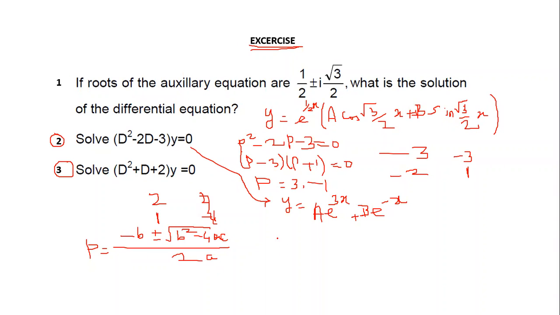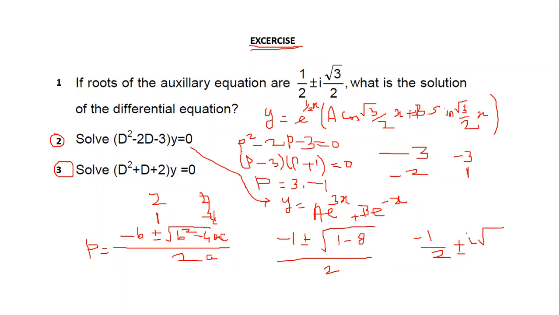Minus 1 plus or minus square root of b square, which is 1 minus 4 into 2 equals 8, divided by 2. So that answer is minus 1 by 2 plus or minus root 7 i by 2.